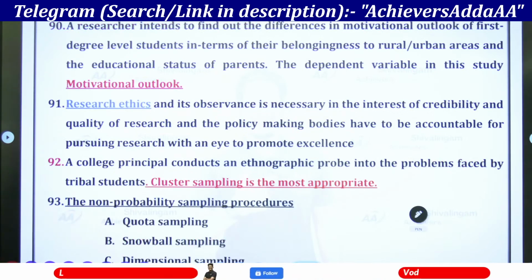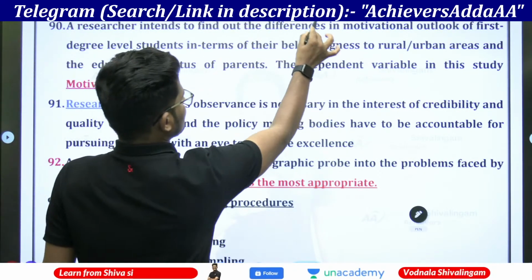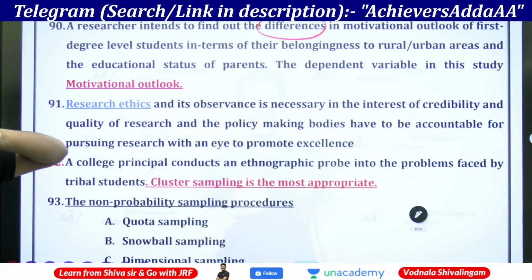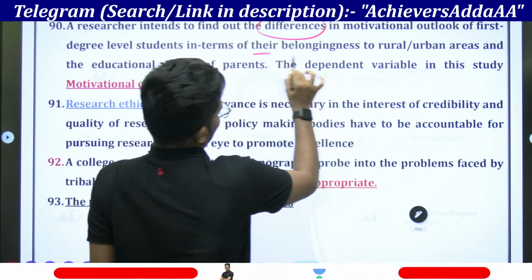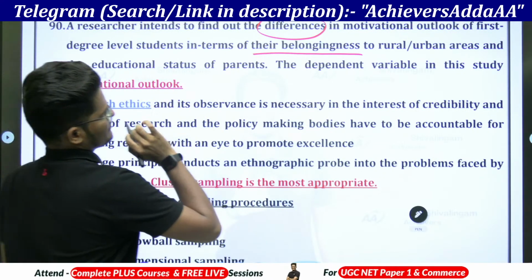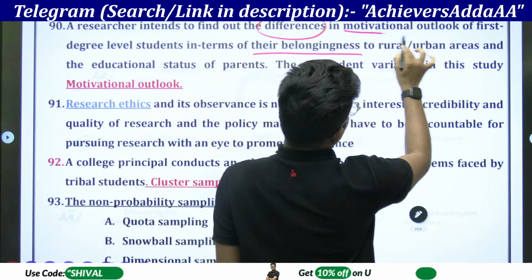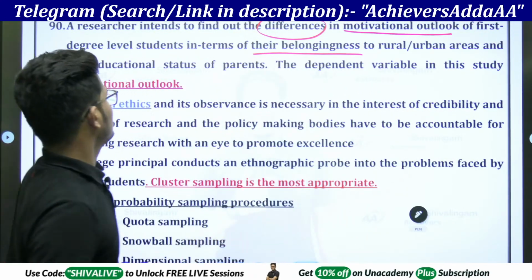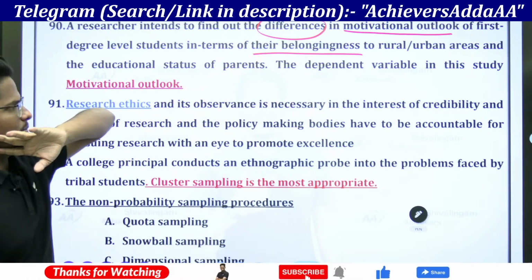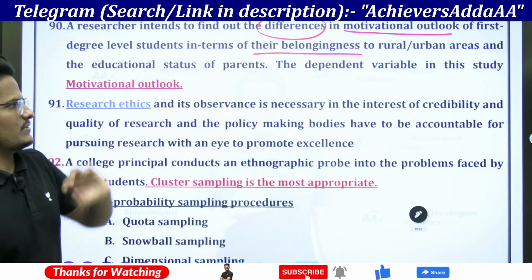A researcher intends to find out the differences in motivational outlook of first degree level students in terms of their belongingness to rural or urban areas and the educational status of the parents.